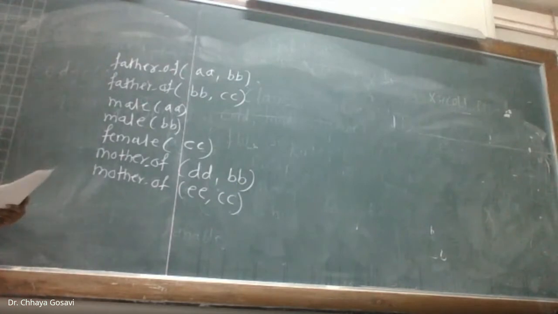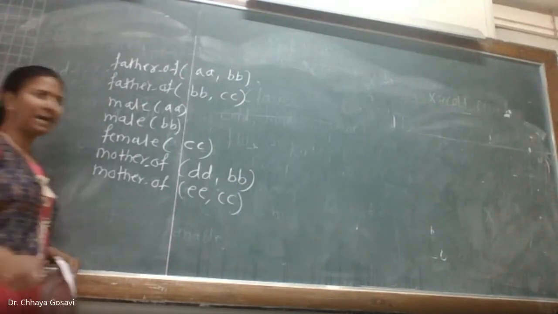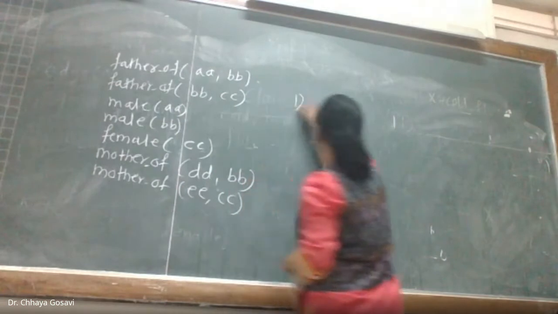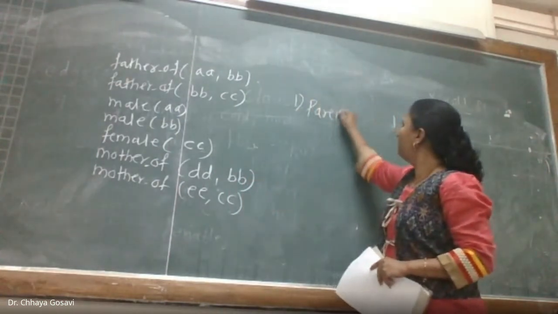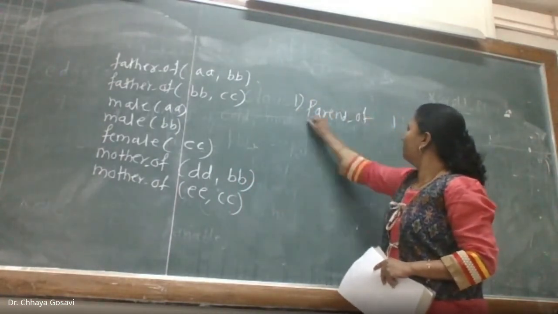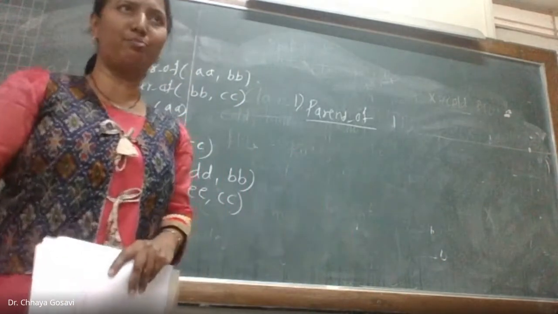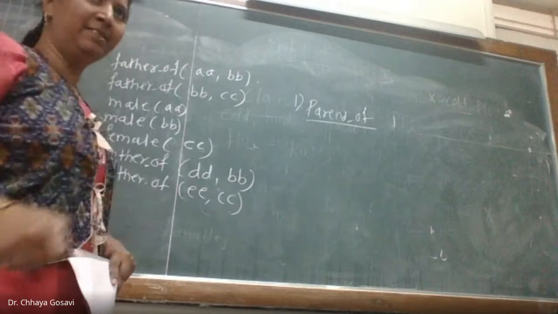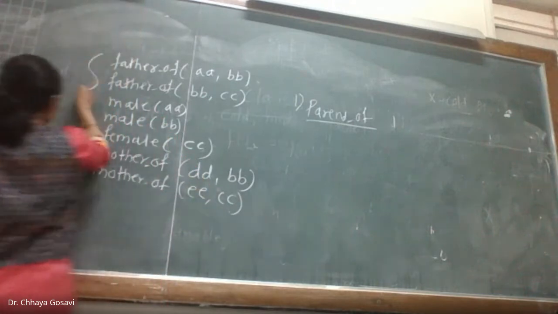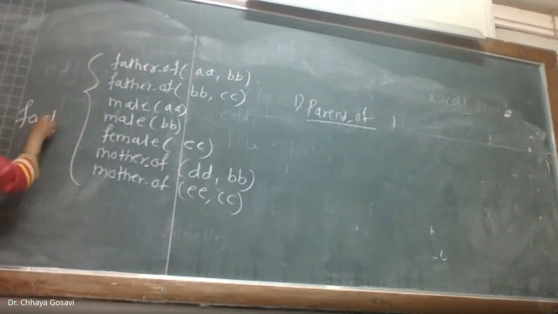Can you write a rule for parent of? I want a new relation parent of. Can you write a rule to define a new relation parent of using these facts? These are facts. I want a rule.